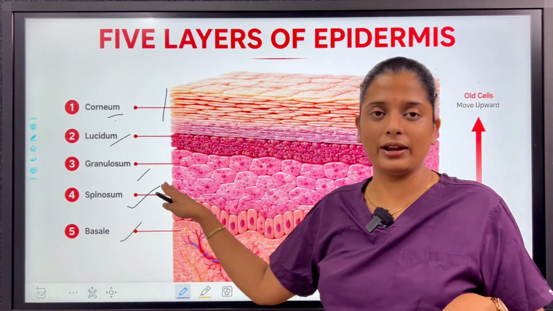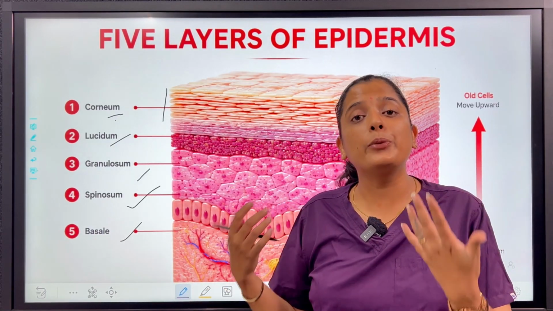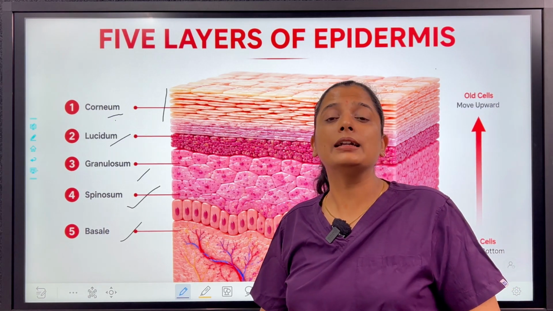Now, between the granulosum and spinosum, they are continuously producing a protein called keratin.